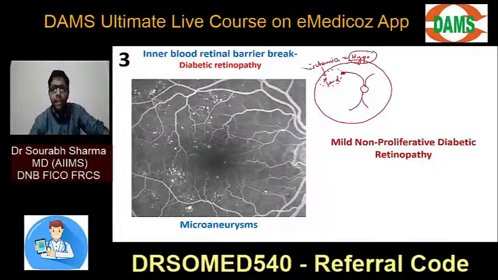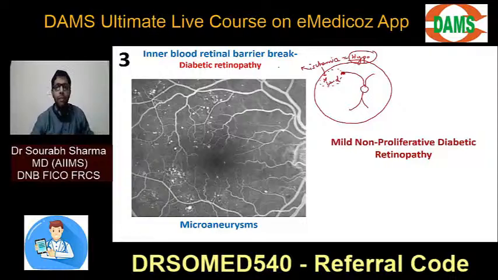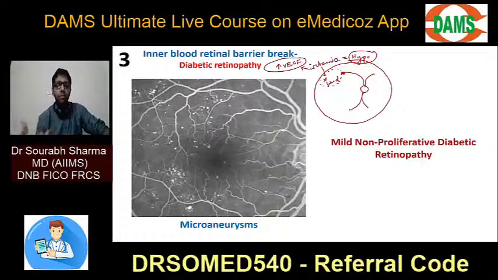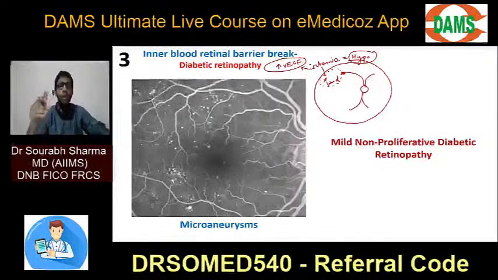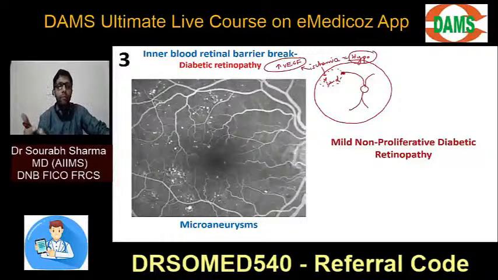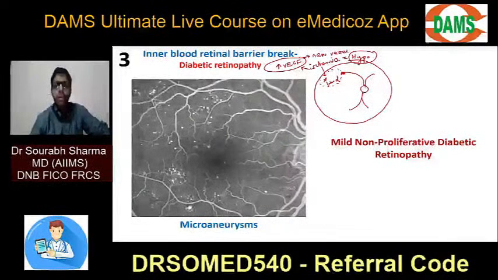Whenever the retina is ischemic, remember this point: the ischemic retina produces VEGF, vascular endothelial growth factor. Split the words: it grows the vascular endothelium. VEGF is responsible for the formation of new vessels.